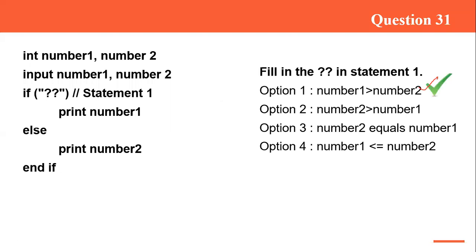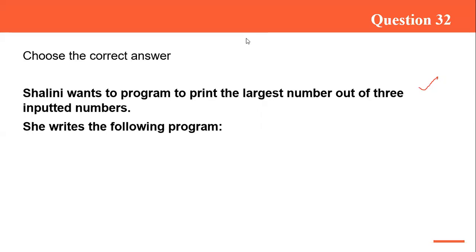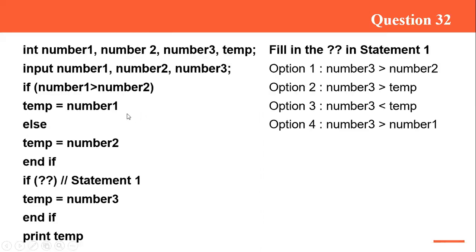Okay. Next. See this question, everyone. Similar question. Now we have to find the greatest number among three numbers. Charlie wants a program to print the largest number out of three inputted numbers. He writes the following code. Observe it carefully. Think twice before answering. Please do it.